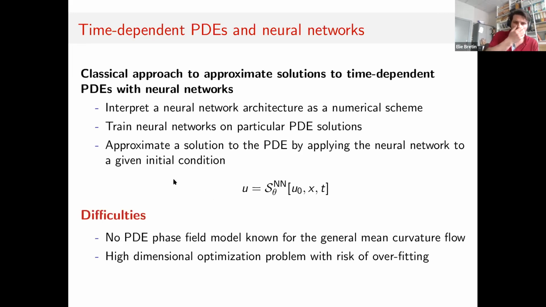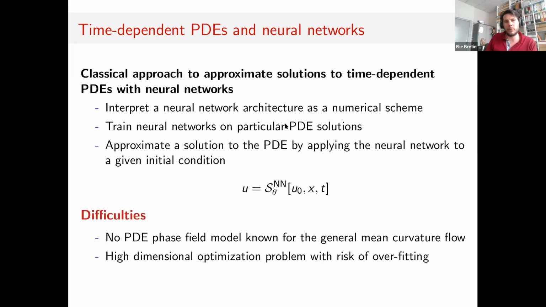And then you can use the neural network to compute new solutions from an initial condition by simply applying the neural network. And in this strategy, in fact, the incoming data for the neural network is the initial condition, the discretization of the spatial variable, and the discretization of the time variable.